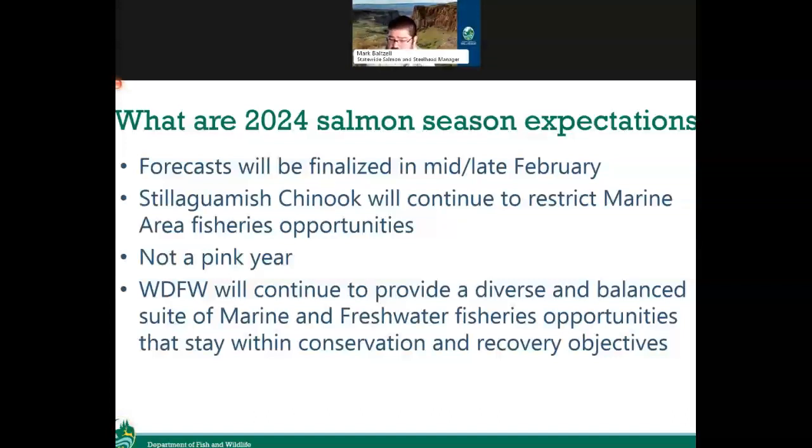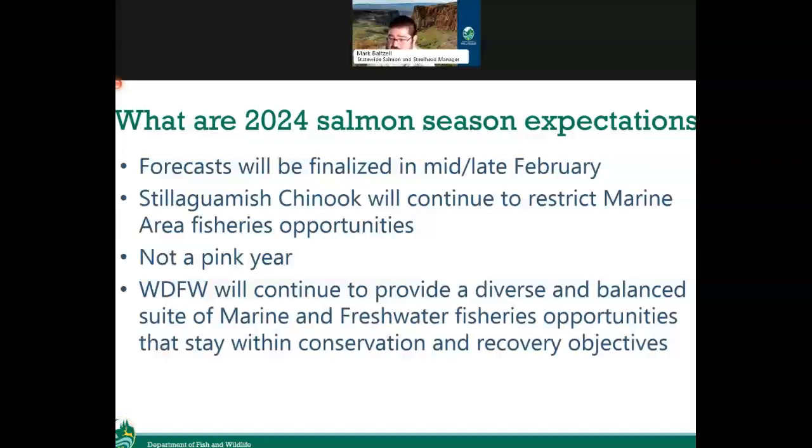As Kirsten and others mentioned, it's an even year, so no pink salmon as part of our salmon planning this year. And folks should expect that we're going to approach these fisheries with the same level of consideration that we have in the past.